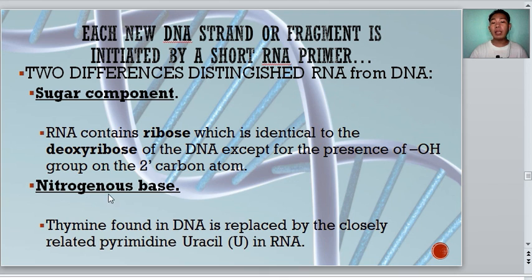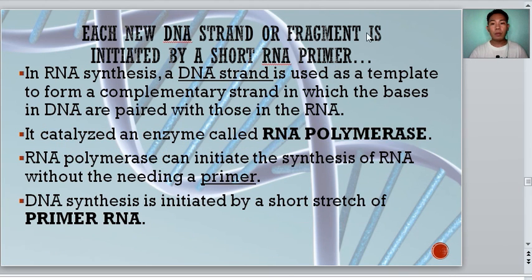Also in their nitrogenous bases. Usually, thymine found in the DNA is replaced by the closely related pyrimidine, which is uracil, in the RNA. In RNA synthesis, a DNA strand is used as a template to form a complementary strand in which the bases in DNA are paired with those in the RNA.